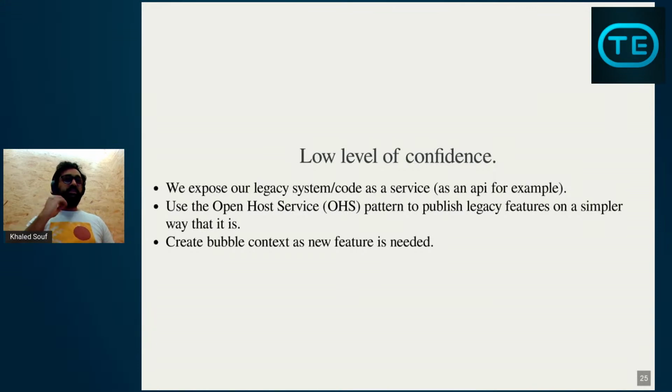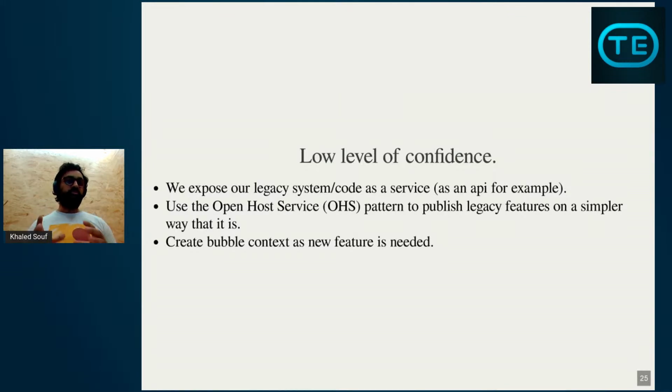It can be an API, for example, or it can be something else. It can be, I don't know, an integration using a database table. I've already seen that. And we use what we call the open host service. Those who don't know what the open host service is, check context mapping in the DDD book of Eric Evans.